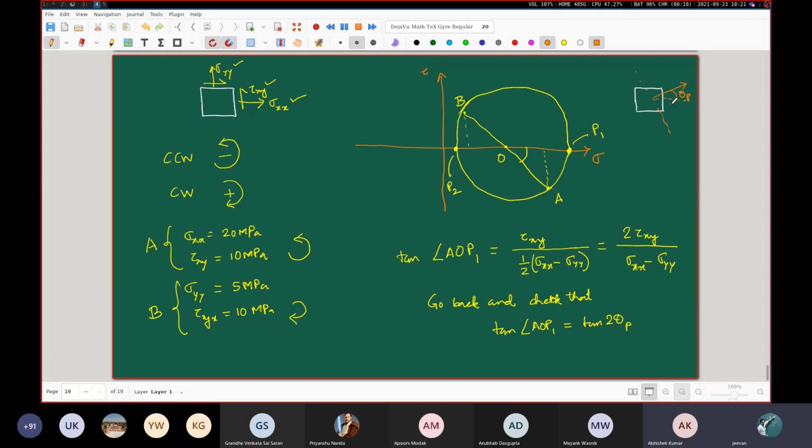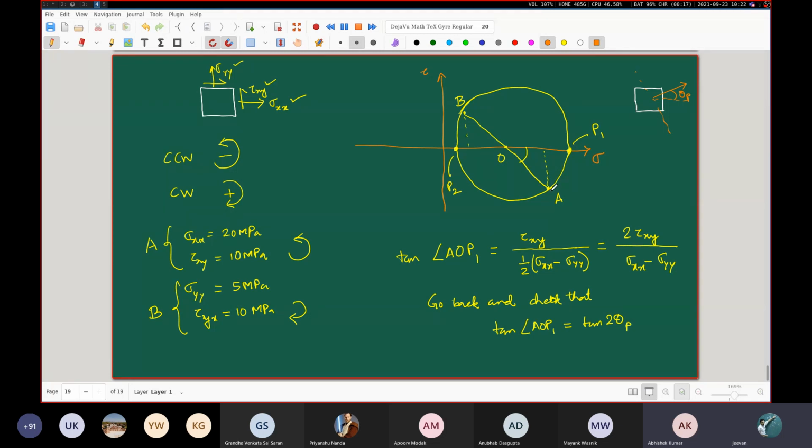This was our theta p. So we were traversing in this counterclockwise direction. Now, when you are taking this point A downwards, it ensures that in this geometrical plane also you are making this kind of a journey in the counterclockwise sense. Had you taken it upwards, you would have to do it in the reverse sense.